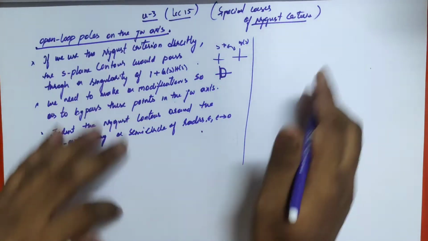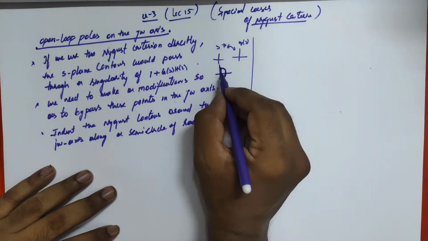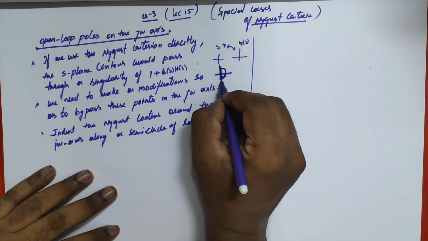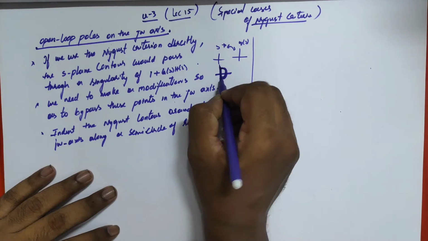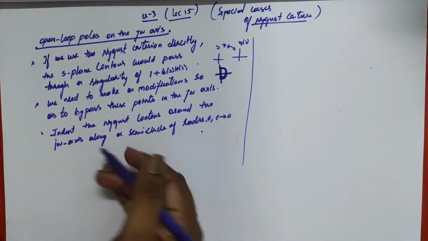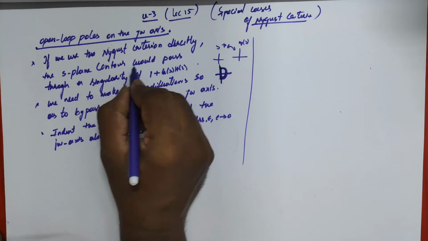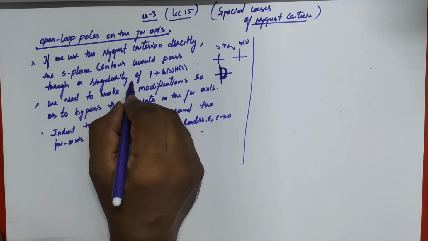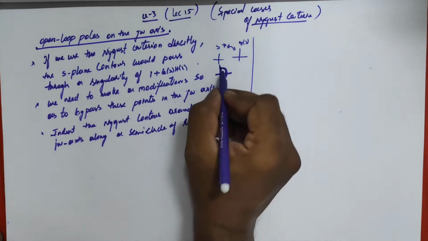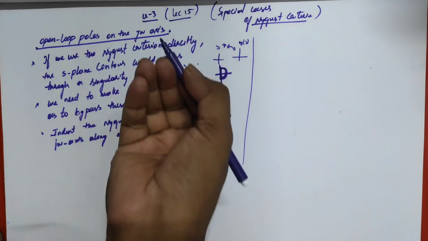Now the S-plane contour which I am taking has to be modified. If we use the Nyquist criteria directly, the S-plane contour would pass through a singular point, so there is a chance of singularity.